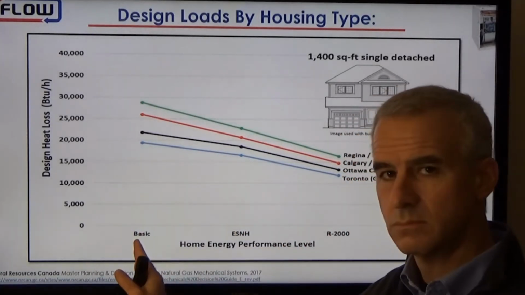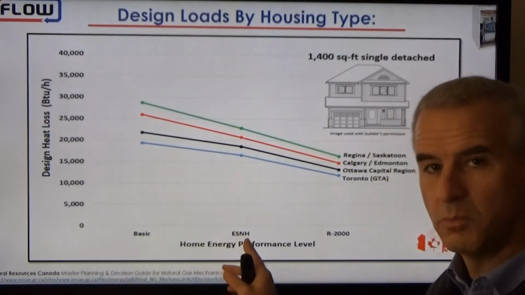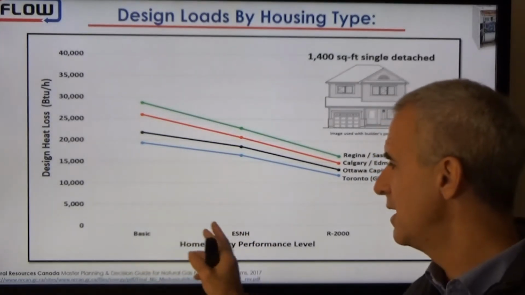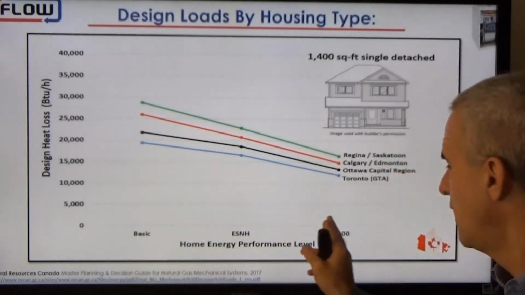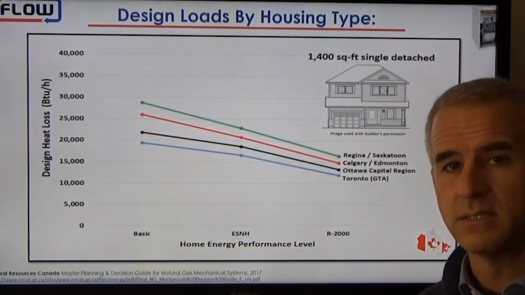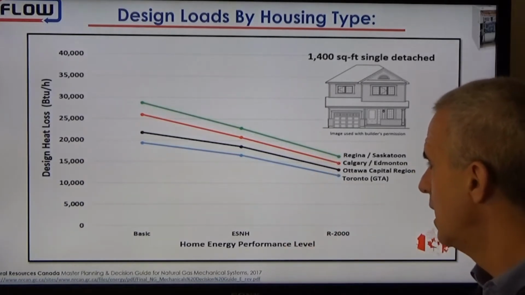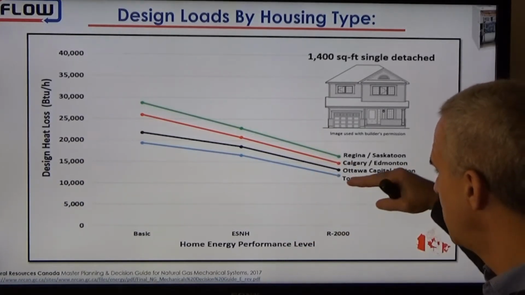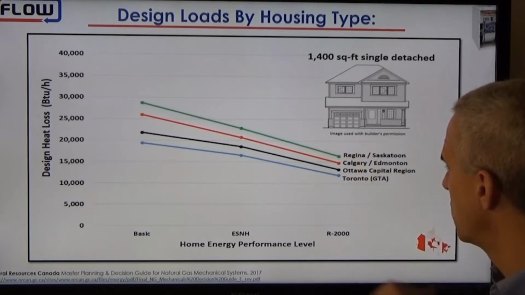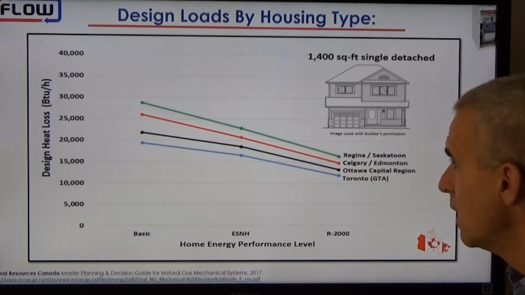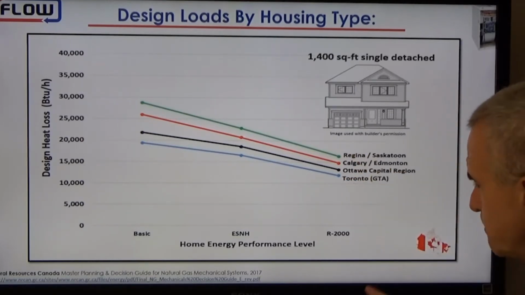Standard building code, Energy Star for new home building code, which is 20% better than our standard building code, and then R2000, or let's say our net zero, which is kind of the premium efficiency design. And again, they looked at it for 4 different locations. But let's just take Toronto for example.